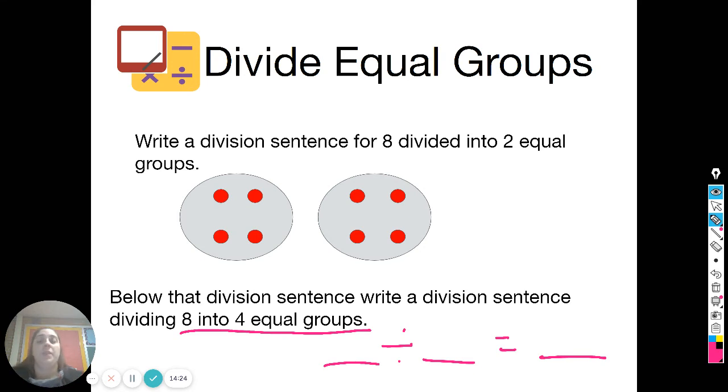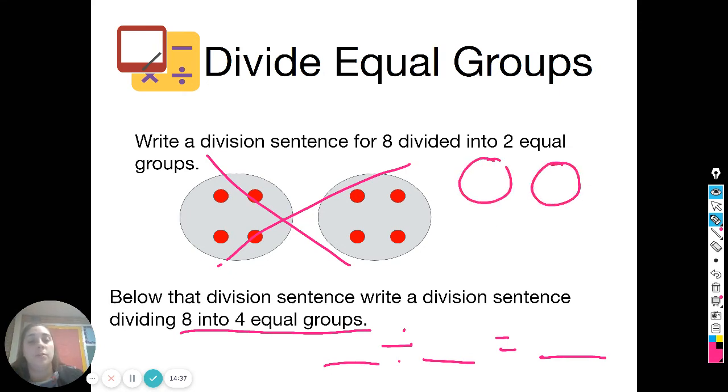Okay, so if you were to draw something, we wouldn't be using this picture anymore because that was for the last one. Now we have 8 dots, but they're in 4 equal groups. So I'm going to make 1, 2, 3, 4 equal groups.